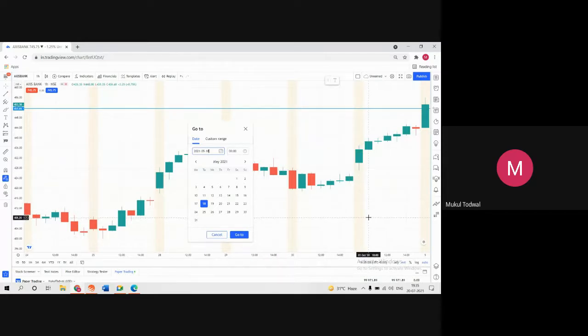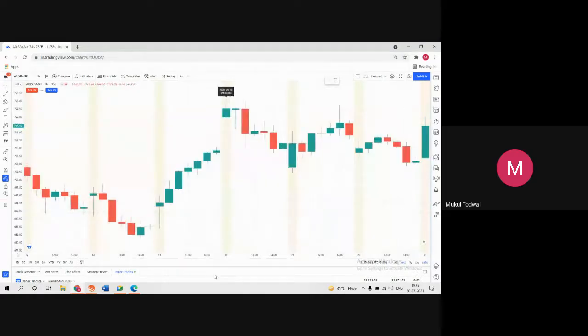The candle should be a red candle followed by a red doji type candle, then a green candle. Whereas for an evening star, the stock should be in an uptrend followed by a green candle, then a green doji candle, then a red candle. You can see what the stock has done.